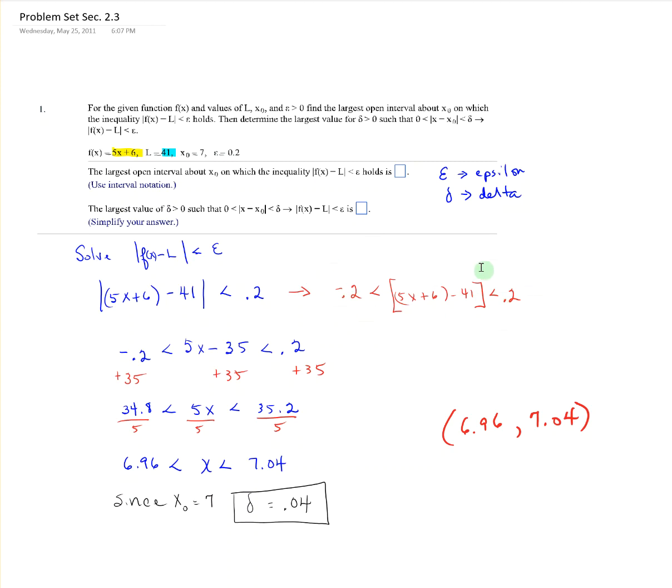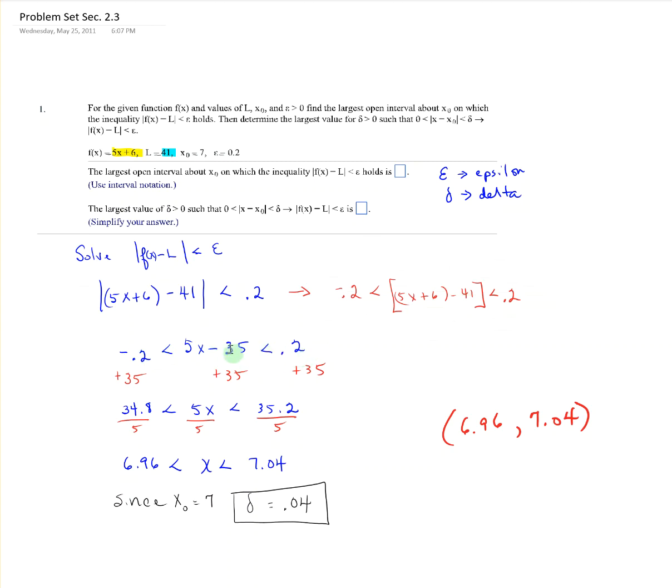So I've said that here. I put the negative 0.2 on the left, positive 0.2 here. I no longer have the absolute value bars, I just have what was in here. And so that's right there. I can combine the 6 and the minus 41. So now I have negative 0.2 less than 5x minus 35 less than 0.2.